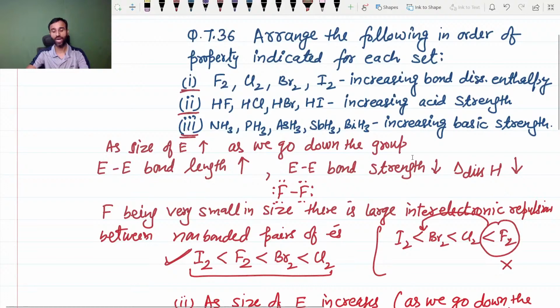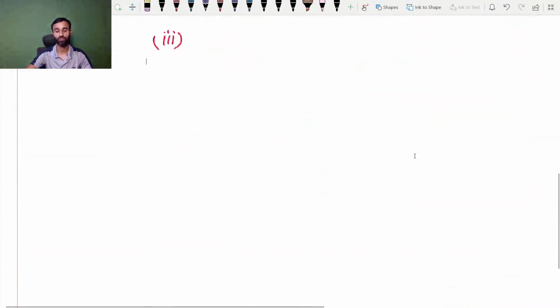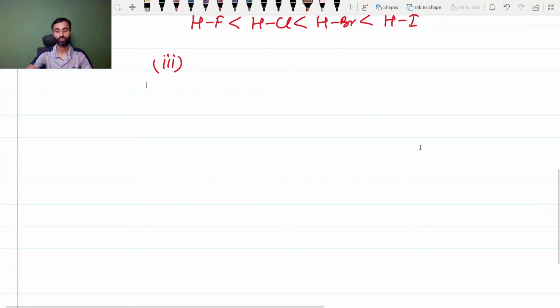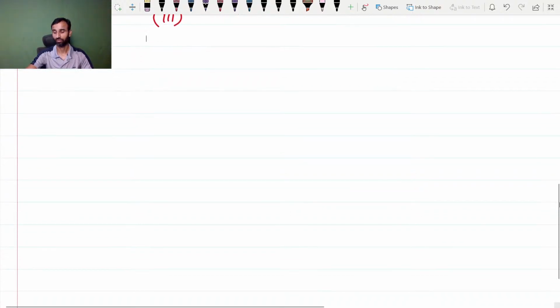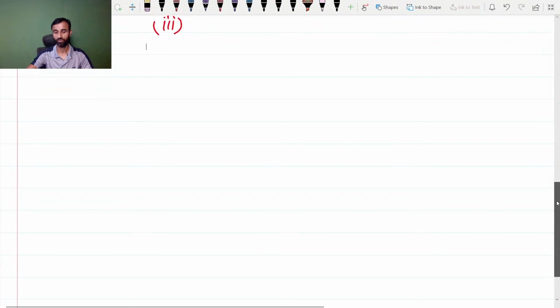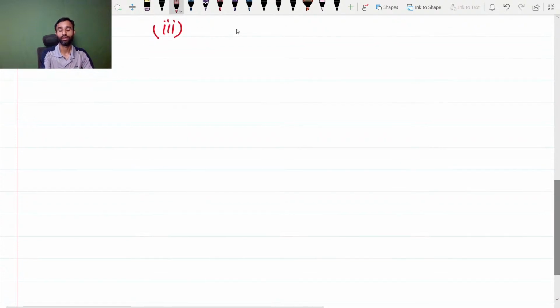Basic strength of NH3, PH3, AsH3, SbH3 and BiH3. So nitrogen, phosphorus, arsenic, antimony and bismuth.